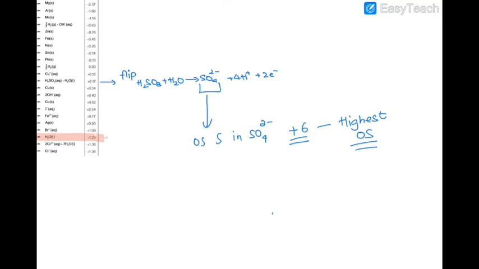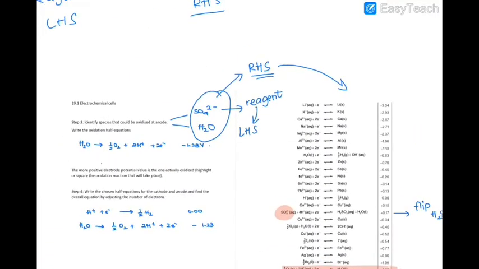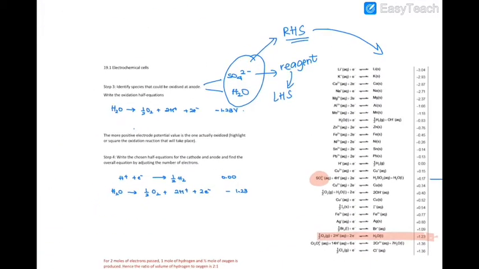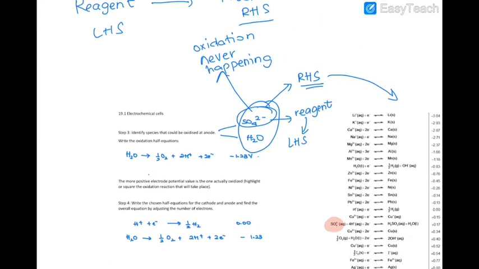So oxidation of SO4 2 minus is never going to happen. Whenever you write the oxidation half equations, you're never going to have one for SO4 2 minus. That's why we only have it for H2O, and this is the only reaction occurring.